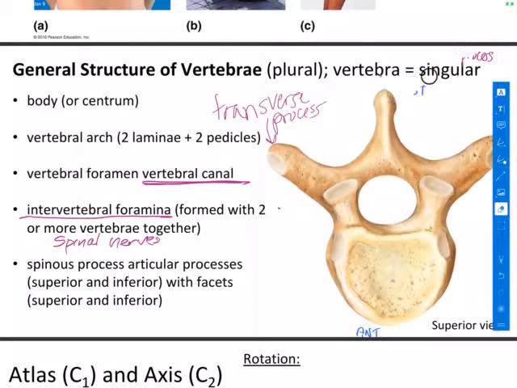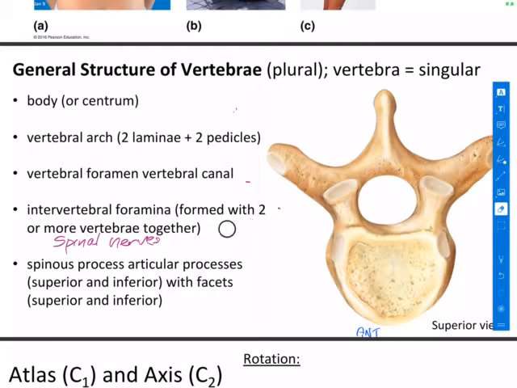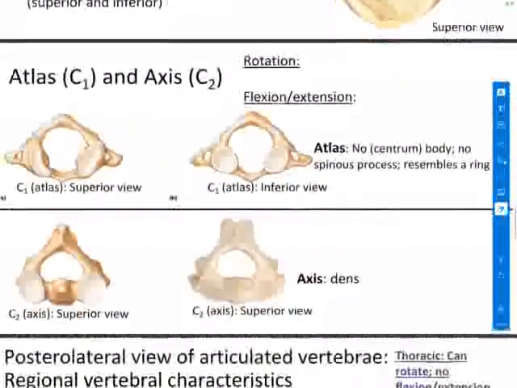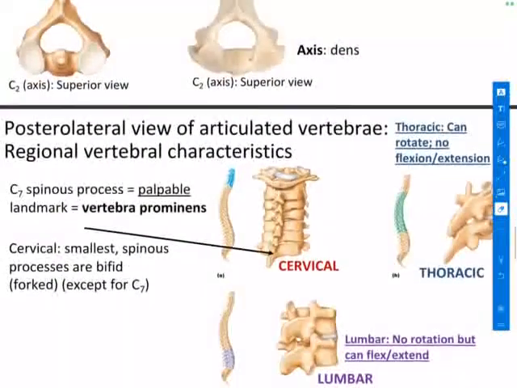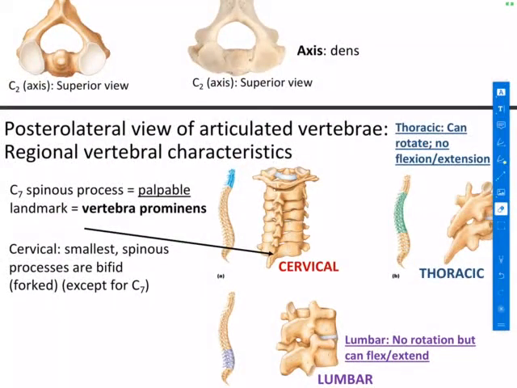So I am going to go ahead and move to a different view. But these are the general bony markings of your typical vertebra. Okay, here's an example in this picture of how this would be the inferior articular process of the upper vertebra, and it's forming a joint with the superior articular process of the lower vertebra.